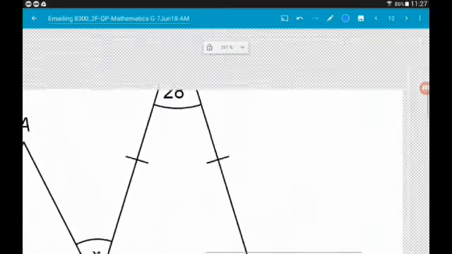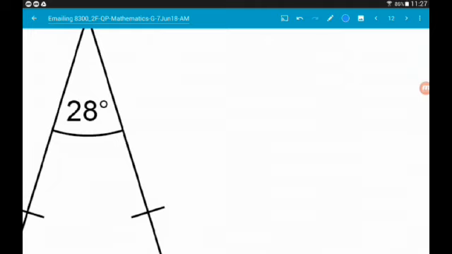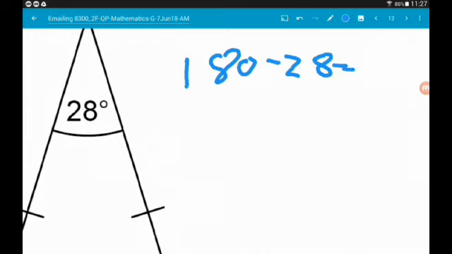Now, angles in a triangle add up to 180. So if we do 180 minus 28, we get 152.